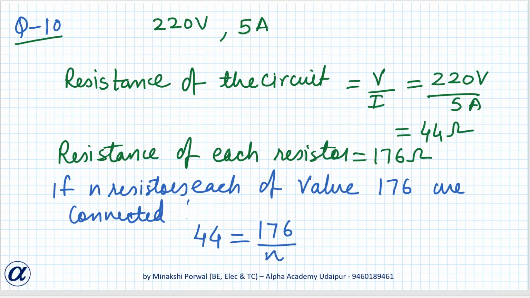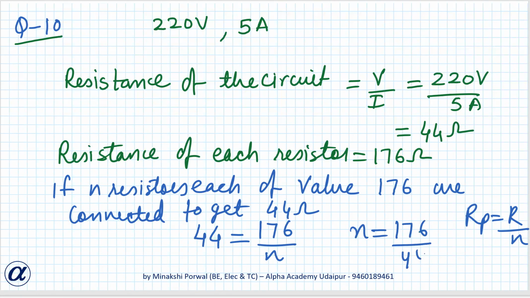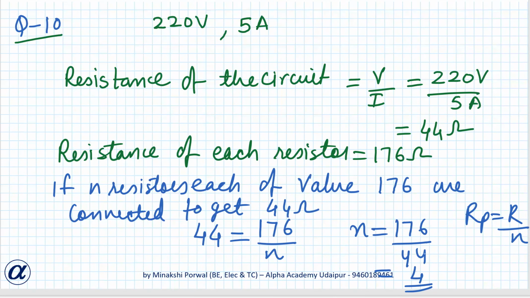The formula is Rp equals R upon n. So n equals 176 by 44, that will be equal to 4. It will have no unit because it is the number of resistances.